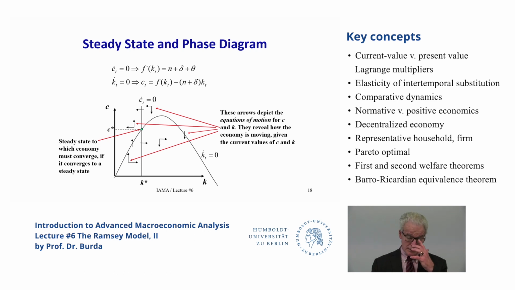So call K the state variable, the true state variable, and call C the co-state variable or the control variable. And you can see that if you're in the northwest or the southeast, all points in that space are going to be unstable. So they're all going to move away from the green dot, which is the intersection of the two isoclines.